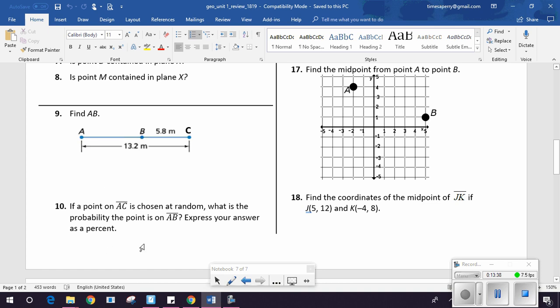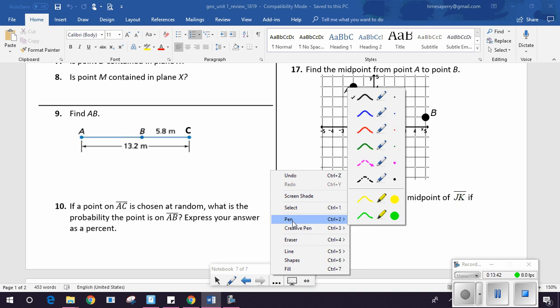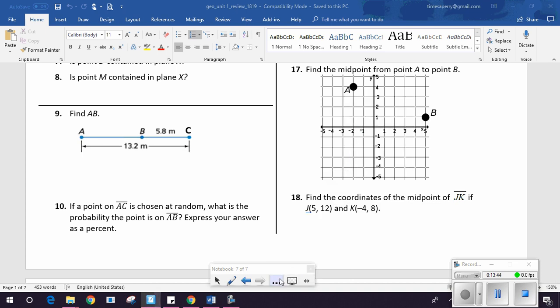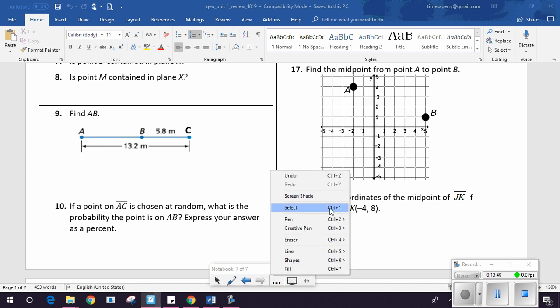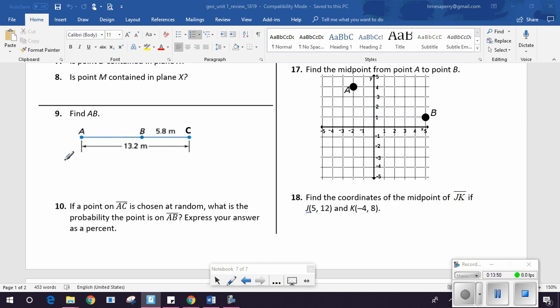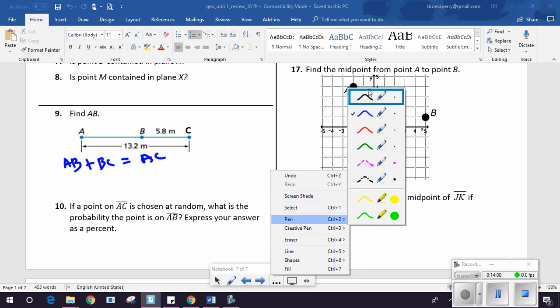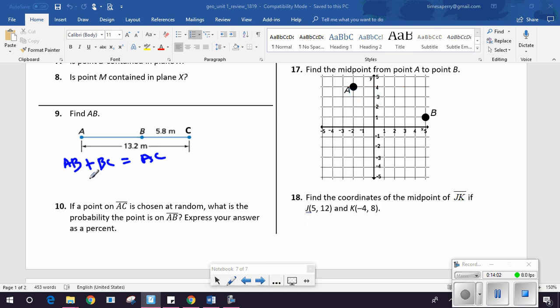Number 9 wants us to find AB. So again, it's segment addition, so show the geometric equation. For this scenario, our parts are AB and BC, and our whole is AC. Now substitute in what given information you have. We don't know what AB is.